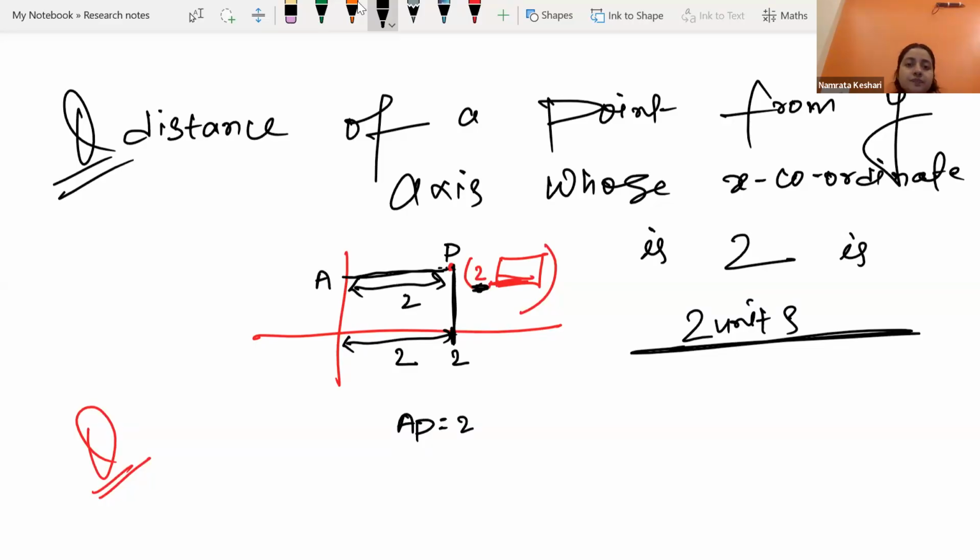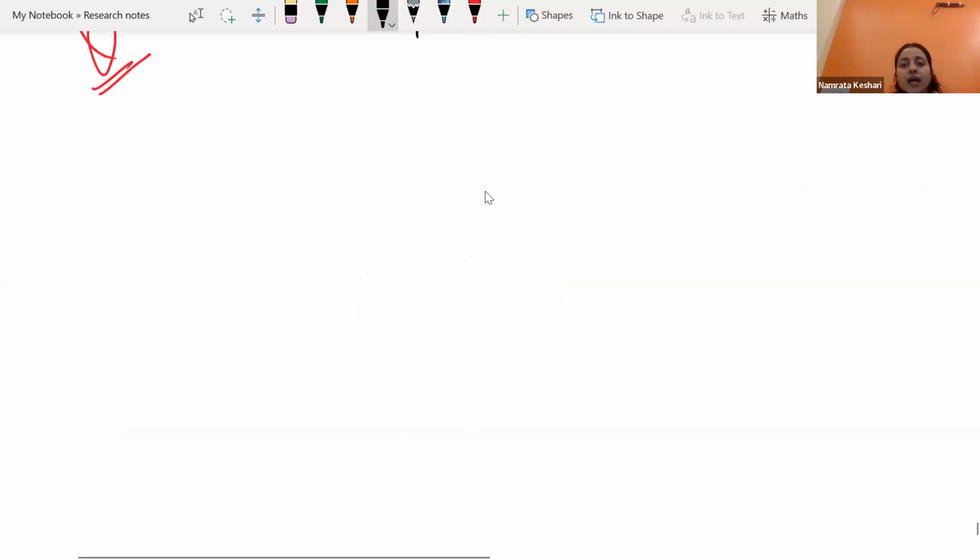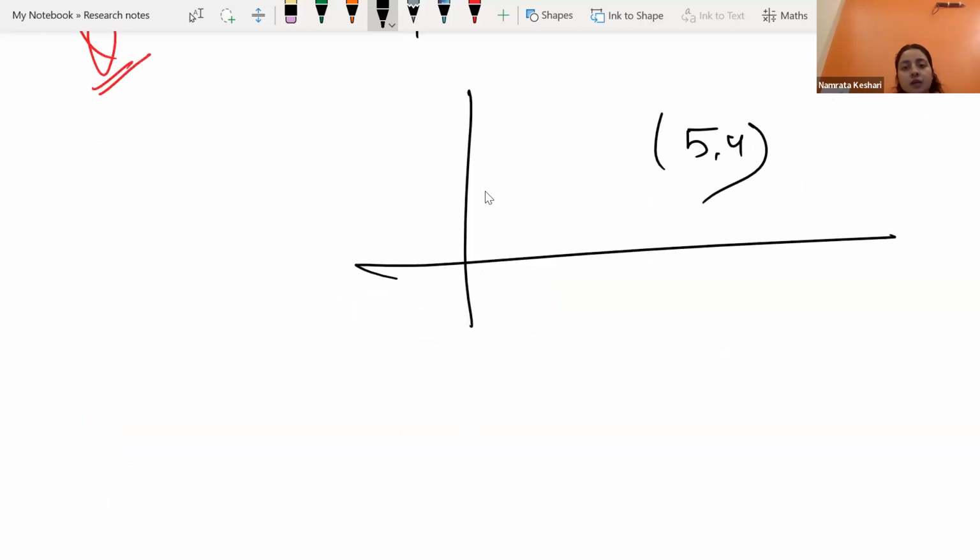Got it? Yes, ma'am. Okay, similarly, if we are having a point A (5, 4), this point's distance from the x-axis will be 4.